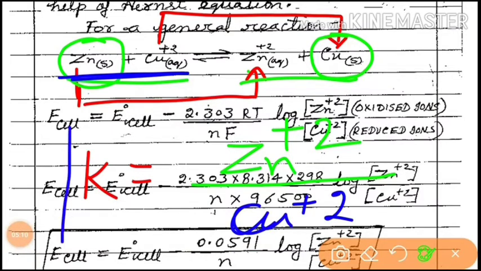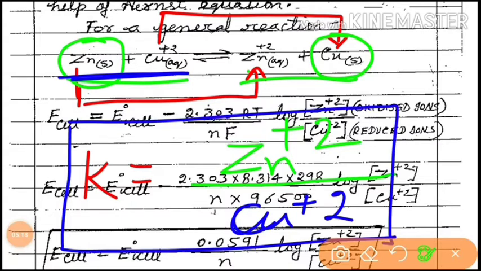So this is the formula of the equilibrium constant K. So K is equal to Zn plus 2 upon Cu plus 2, because copper and zinc both are in solid form and solid concentrations are taken as 1. Now see the next point.